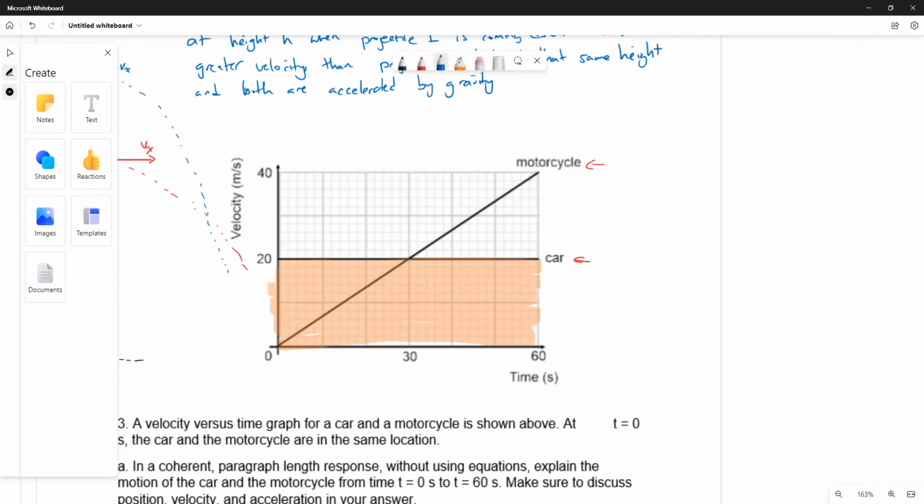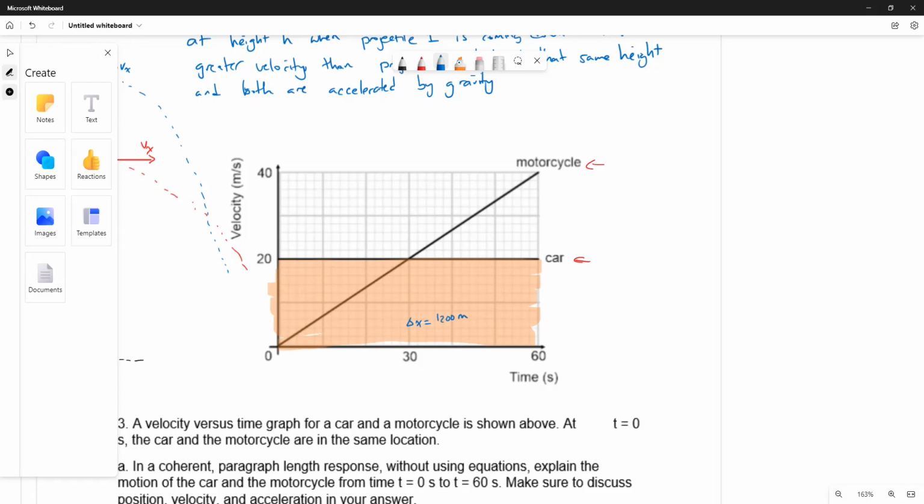So the area of that section is going to be 1200 meters, and so that's my displacement from the initial position. So it would be 1200 meters ahead of where it started.